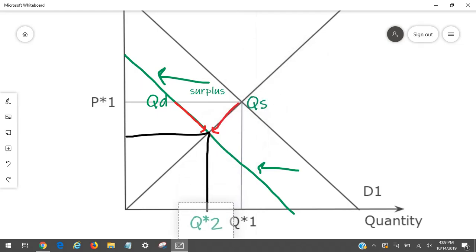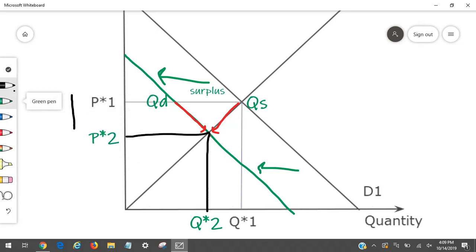So this is my new equilibrium quantity. This is my new equilibrium price. So my price for dark meat would be expected to decrease or drop, and so would my equilibrium quantity, because it was a decrease in demand.